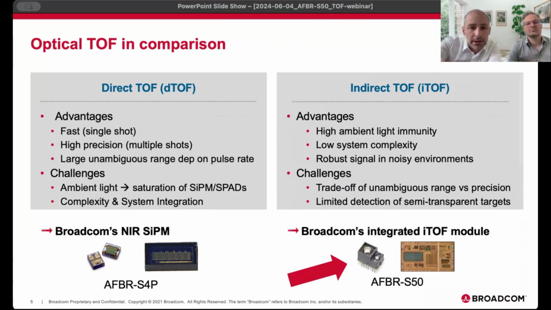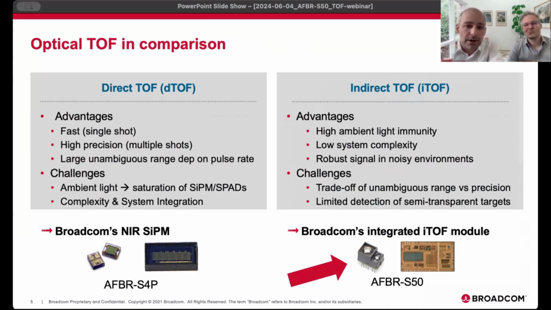And actually, there is a very large unambiguous range. This is dependent on the pulse rate. So just considering the pulses being emitted within 1 microsecond, you get a long distance which can be detected without any ambiguity. The challenges here are ambient light.